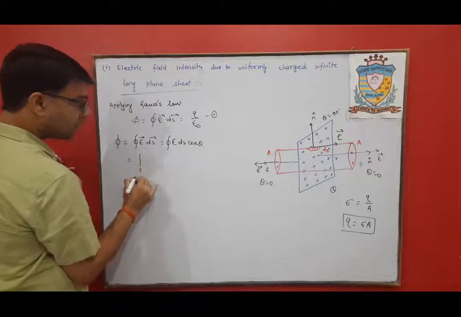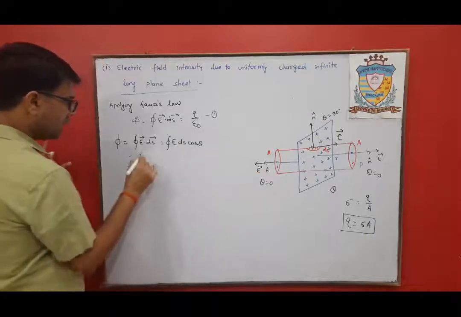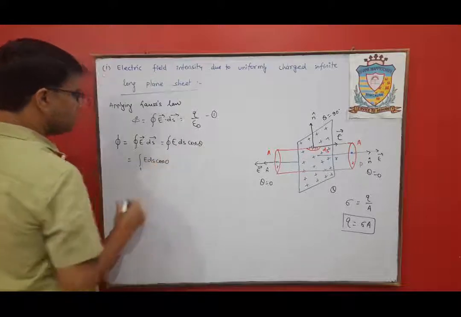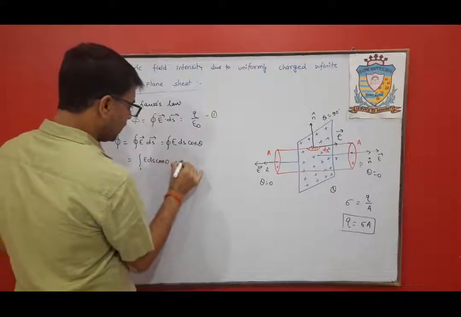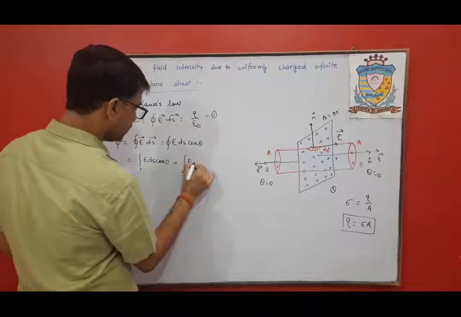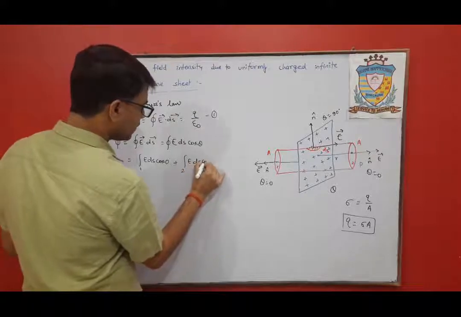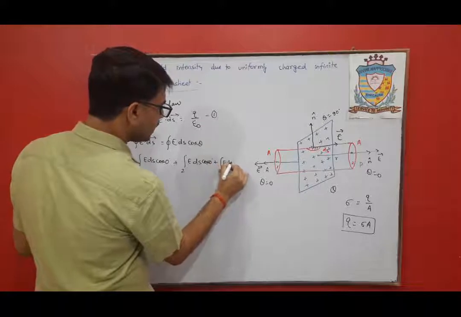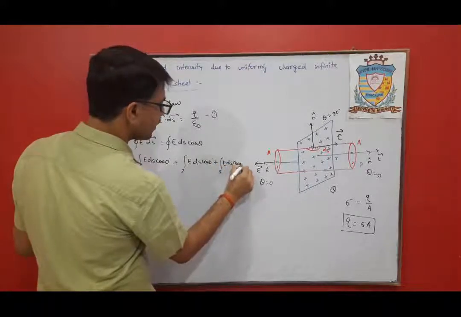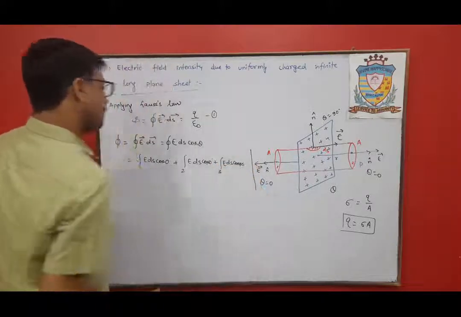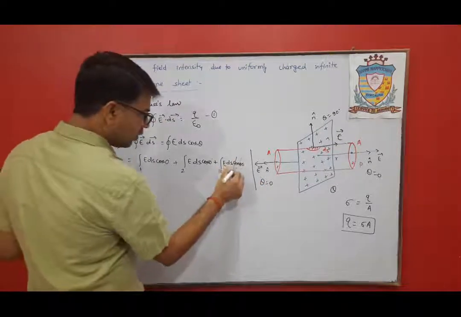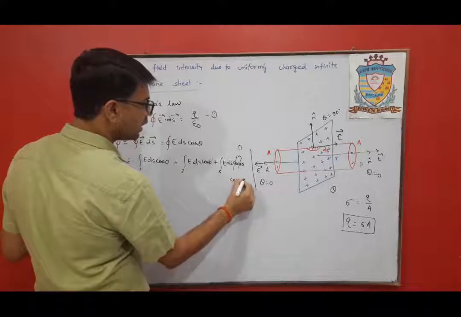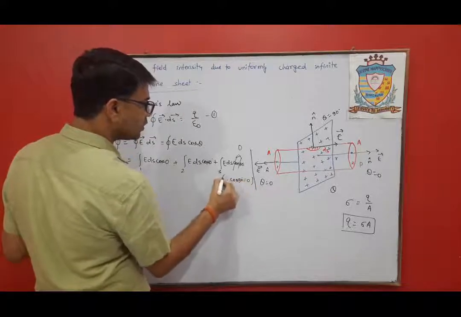For the first area, this will be E ds cos 0 degree, plus for the second area E ds cos 0 degree, plus for the third E ds cos 90 degree, which is equal to 0 because cos 90 degree is 0.